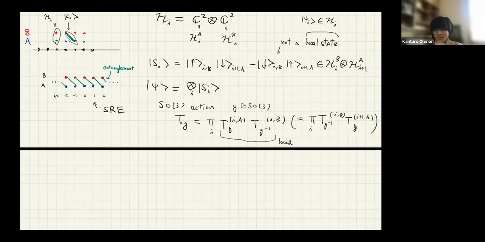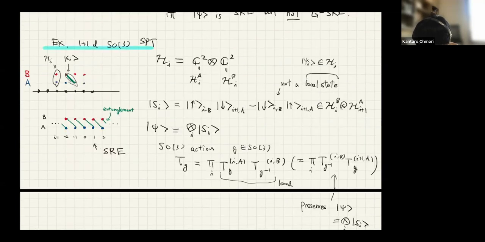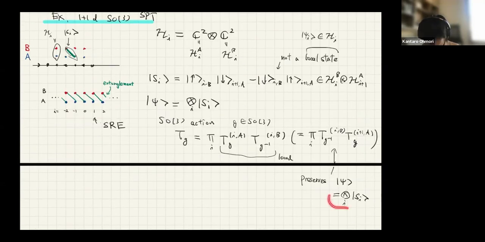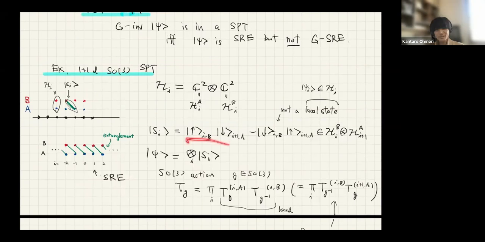I just shifted the product structure. In this form, it's manifest that this preserves this psi, which was defined as the singlet.